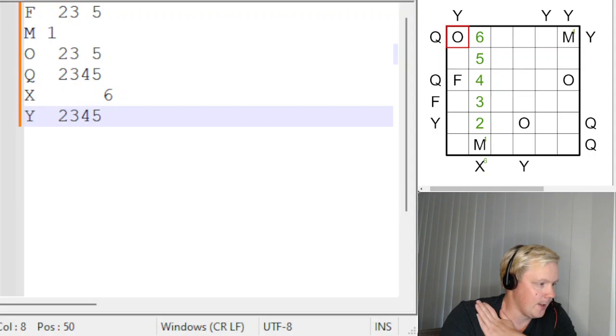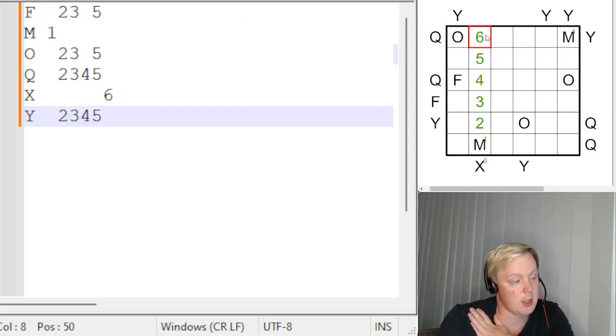What else? This 6 actually solves this Q now, because Q sees this. You always see the first tower. There's nothing hiding it, and you always see the 6 because that's the highest possible tower. Nothing is visible behind a 6.